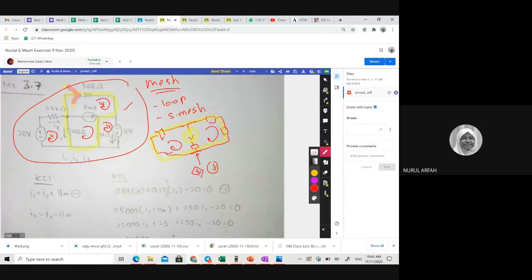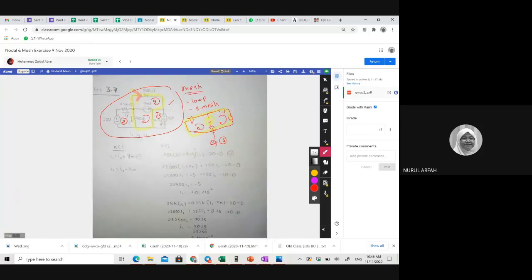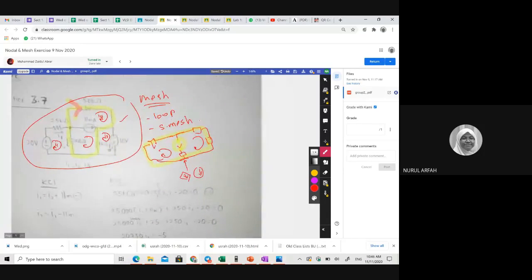Zaidul Abrar, which one is your I1? I1 loop, at 20 volt. Okay, this is correct. Which one is I2? Right, just next to this. Okay, I2. And then I3?